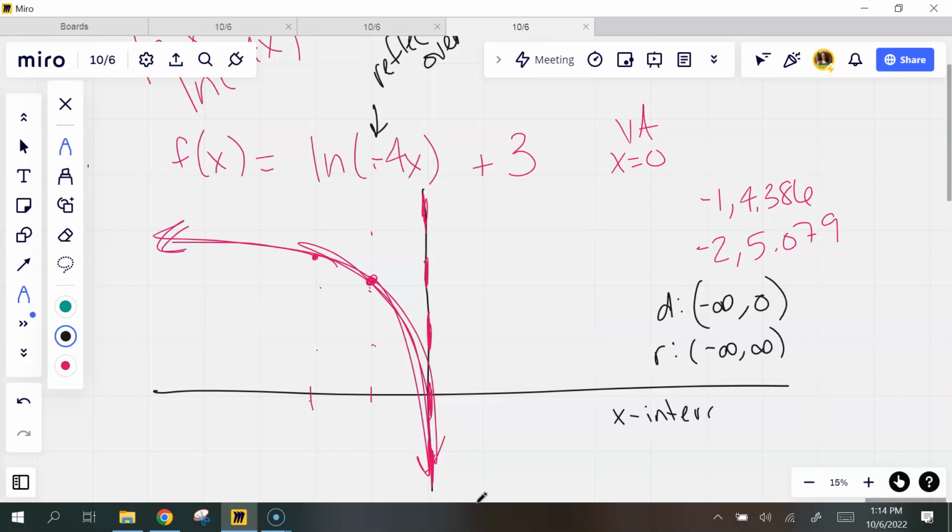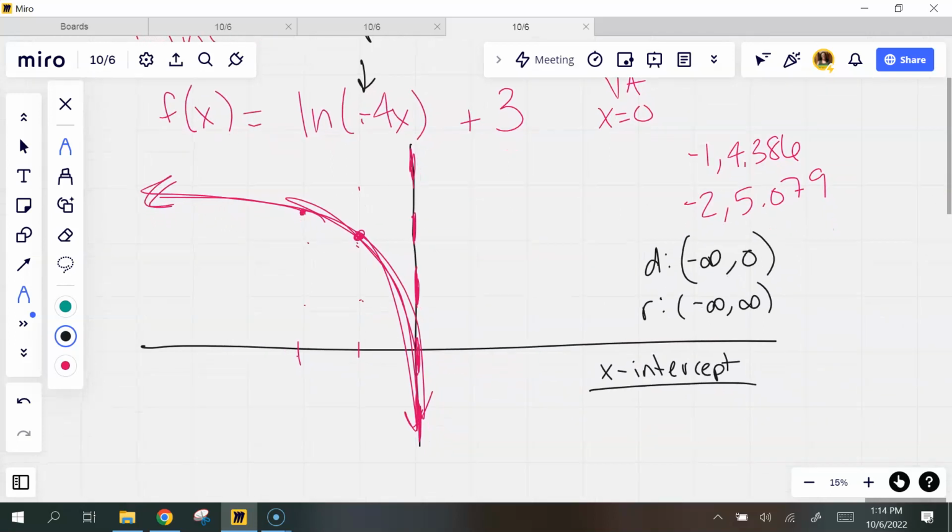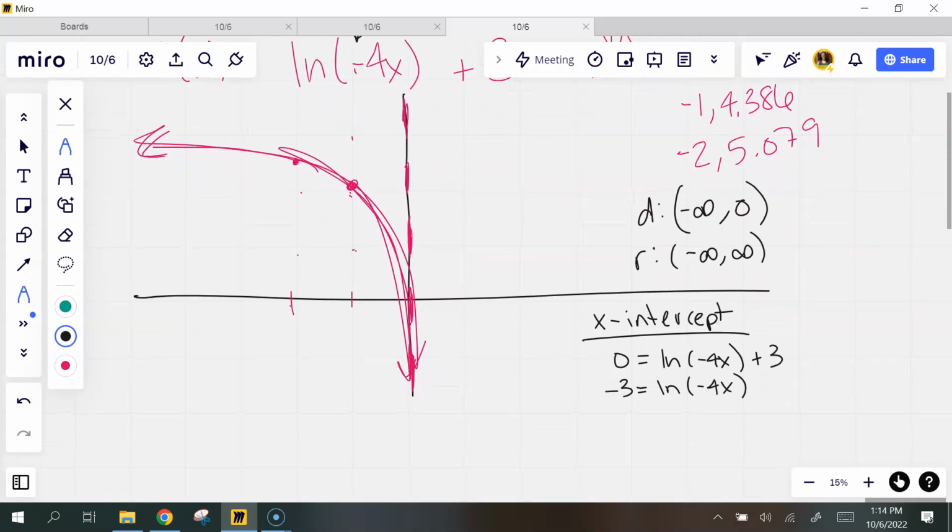X-intercept. That's a problem. Is that what you said? X-intercept means to put a 0 in for what? How do I solve that? And then change the form. When I change this, what does it look like?